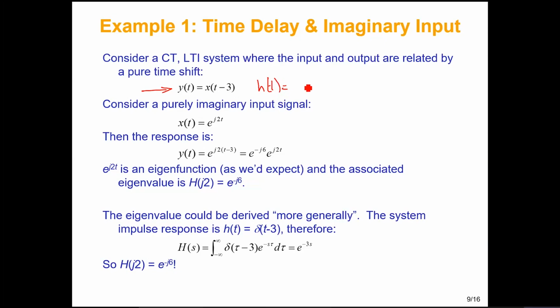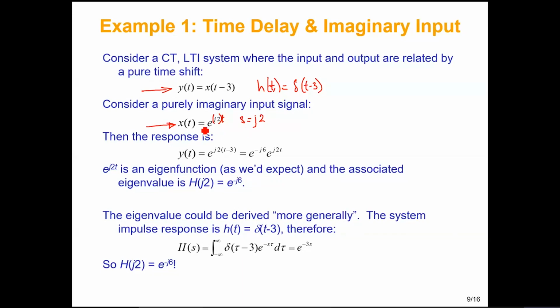Just replacing x with delta, it becomes delta(t minus 3). So for this system, if we want to find the output given input e raised to power of j omega t, then what do we do? If you see, e raised to power of j2t is basically the same thing as e raised to power of st with s equal to j2.